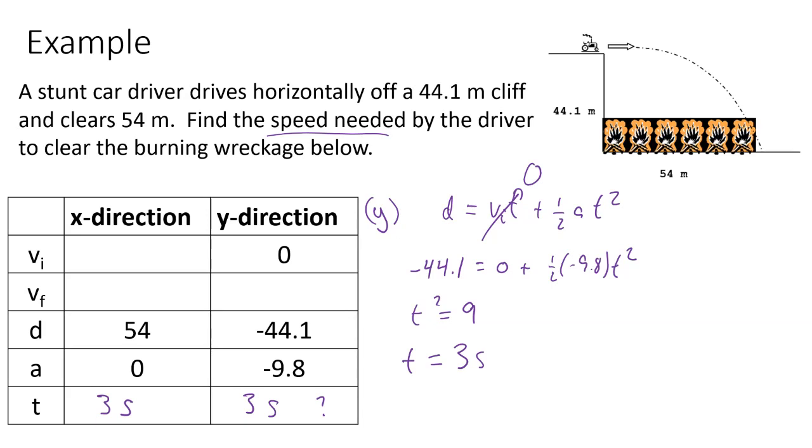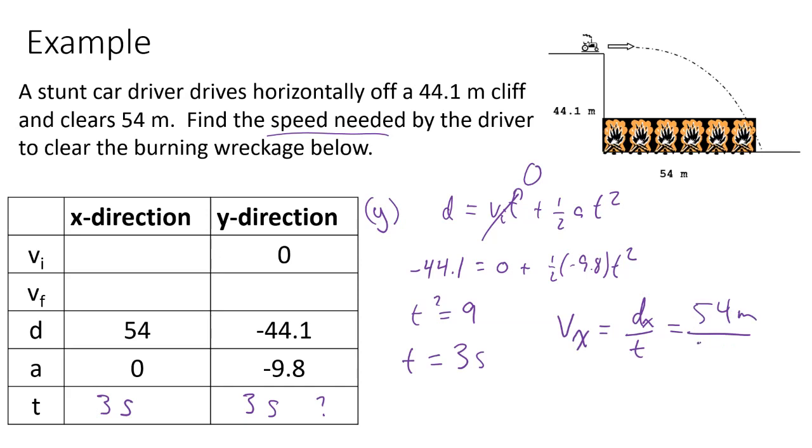Okay, so the speed that's needed. If we want to find the speed needed, we're going to look at displacement divided by time. That's going to be displacement in the x direction, which is 54 meters.